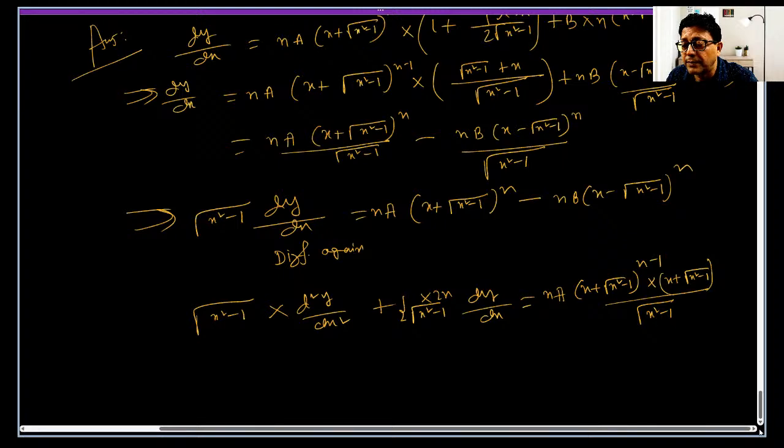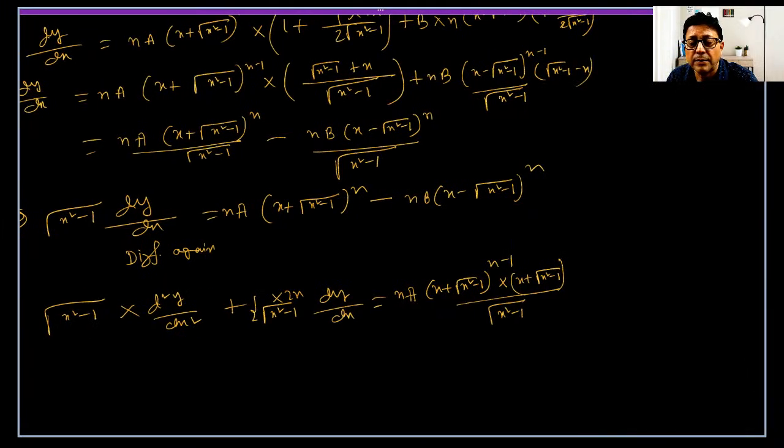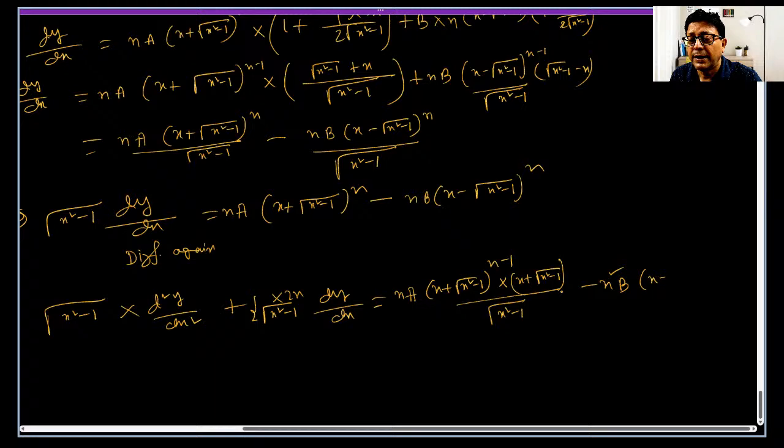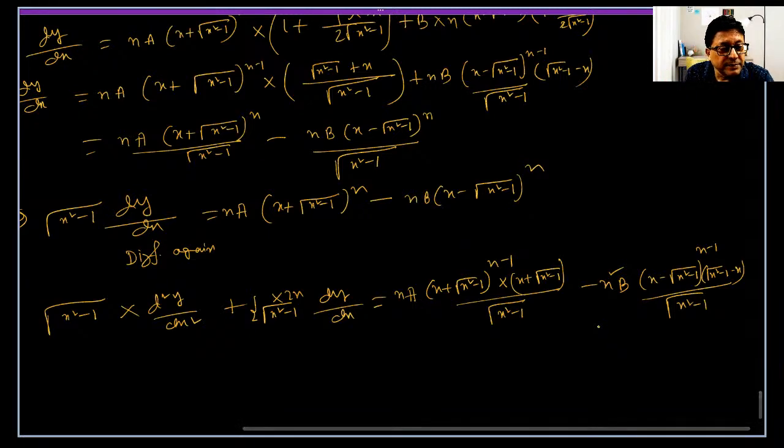Clear? This minus nb n, same manner. This derivative we have done before. Can use the result. It is what? This by under root. Clear? It's a bit bigger problem.